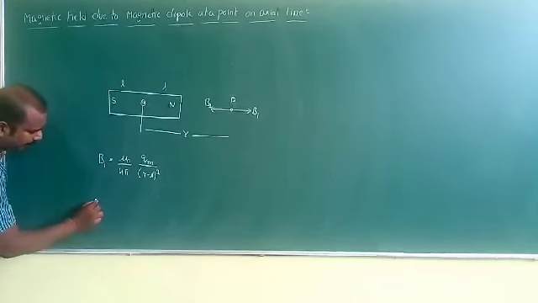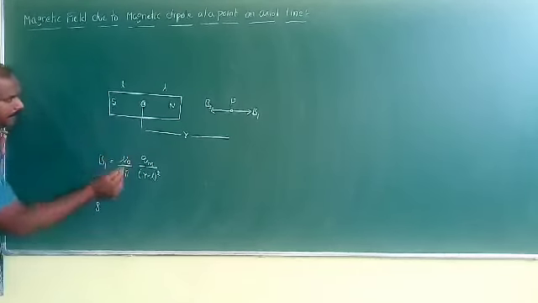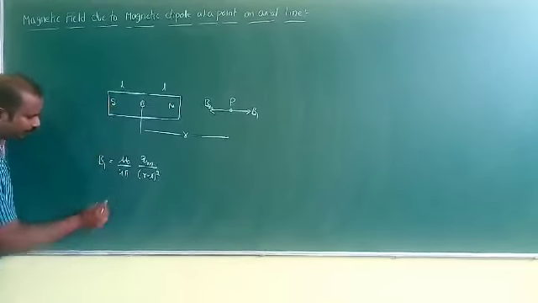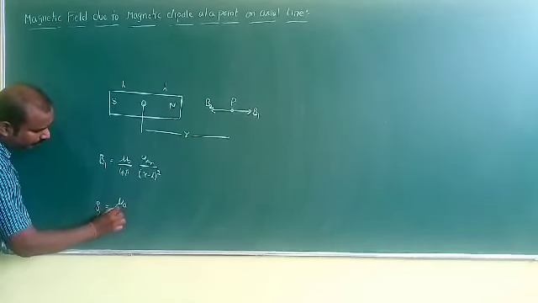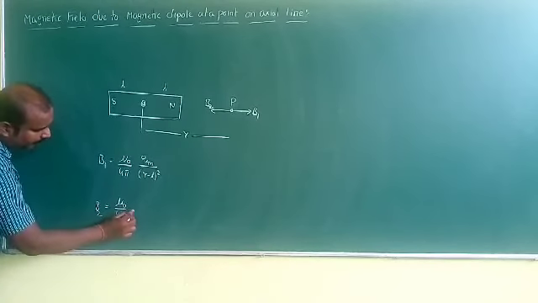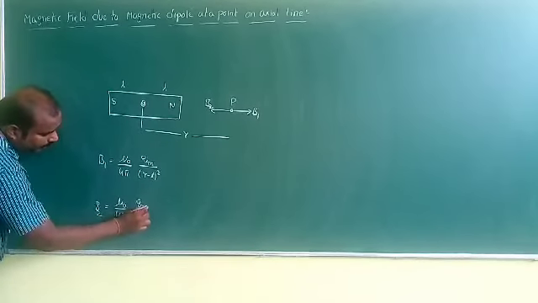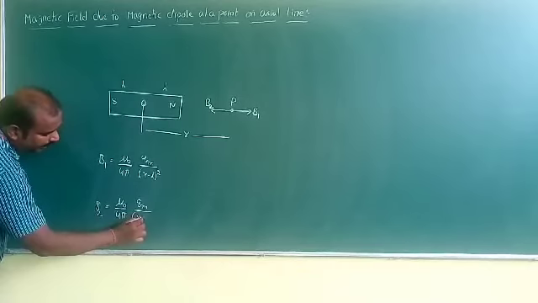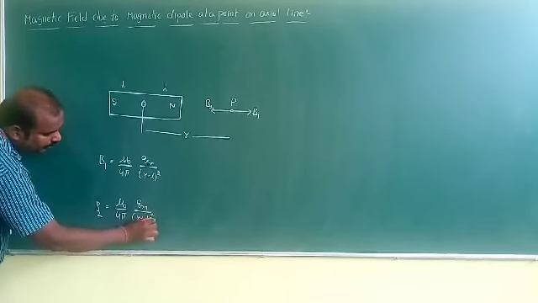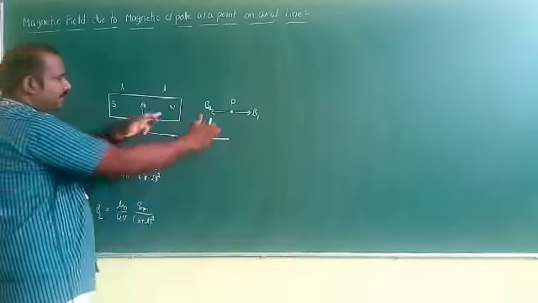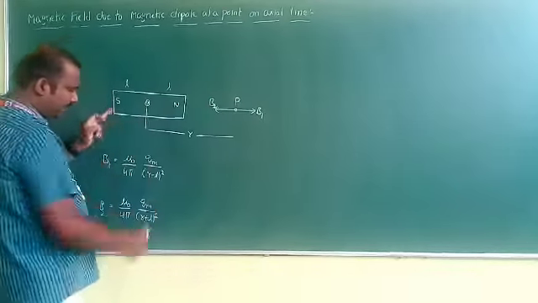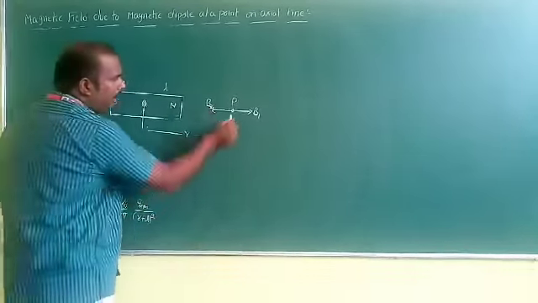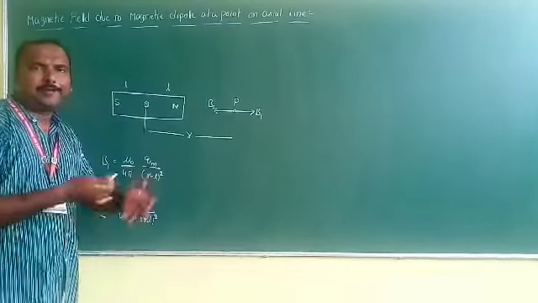Similarly, the magnetic field at point P due to the south pole is given as B2 is equal to mu naught by 4 pi into Qm by r plus L whole square. This distance I am taking as r minus L, and this distance as r plus L.